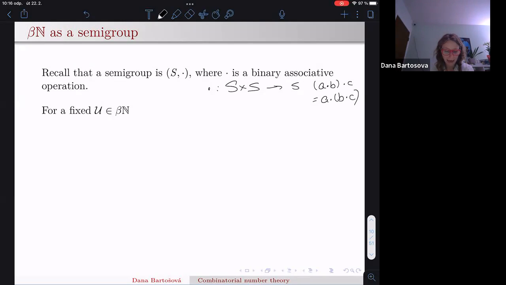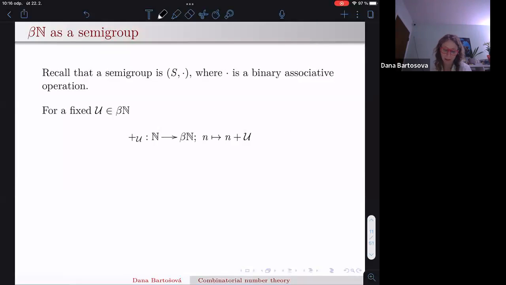So now I'm going to consider the addition on natural numbers, and I'm going to extend that to beta n. So as I have plus from natural numbers to natural numbers, I can extend this to plus from natural numbers with beta n to beta n. And this is the starting point here.